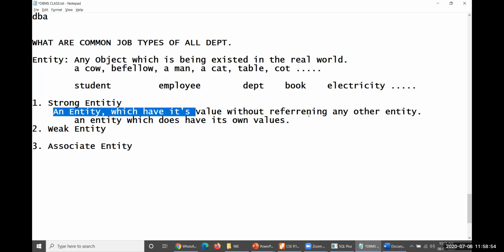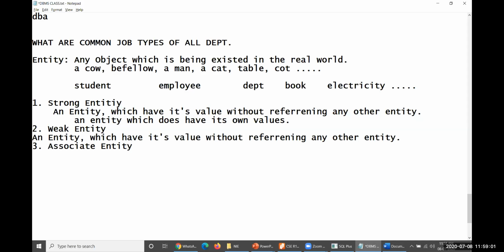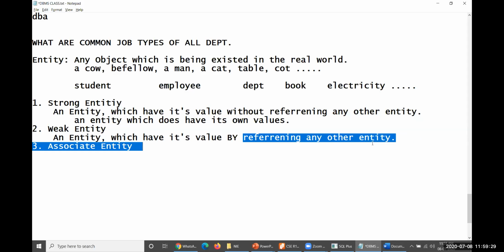An entity which gets its values by referring to other entities, it must refer to the values of another entity.